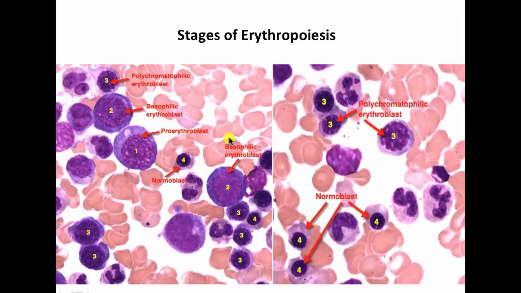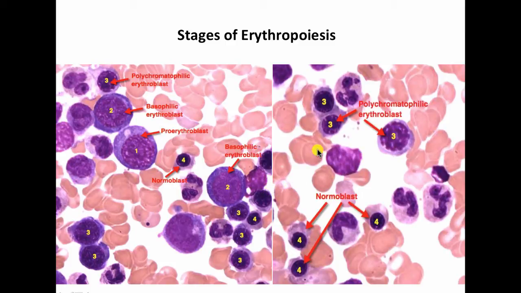Reticulocytes still contain a little bit of RNA, and once that RNA is lost, it becomes a bag full of hemoglobin, takes on the typical shape of an erythrocyte, and loses all of its basophilia.